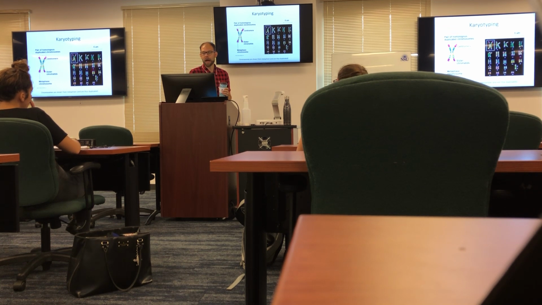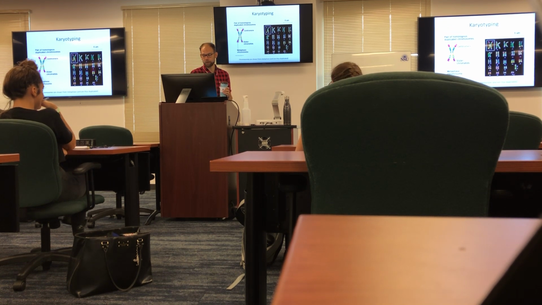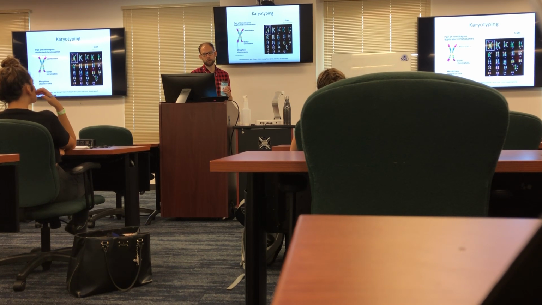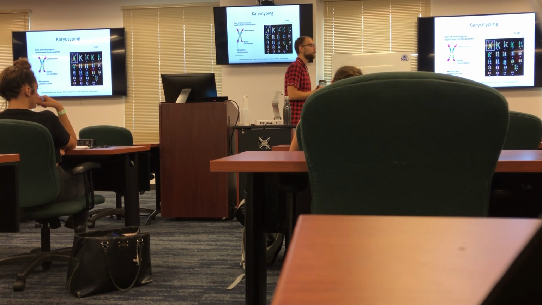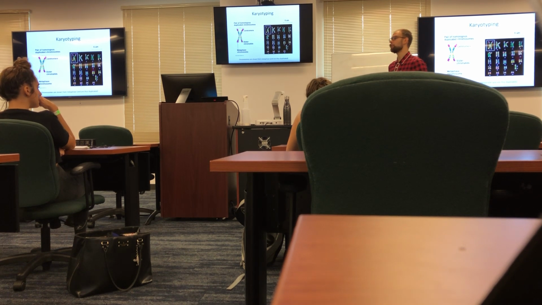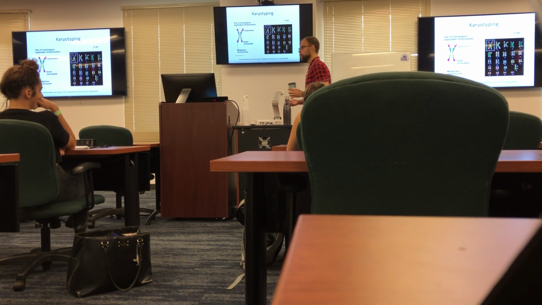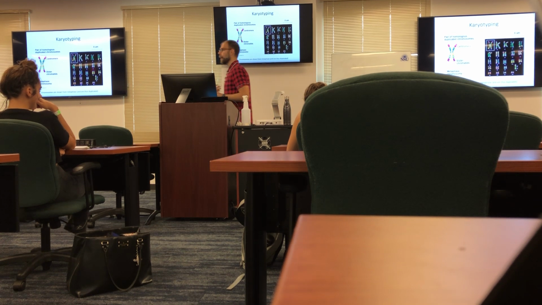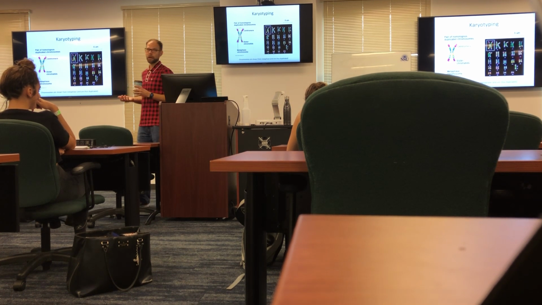In any event, we have 23 pairs. Here are our autosomes labeled 1 through 22. Here's the last pair of chromosomes right here. This is our X and Y chromosome. This individual, because they have a copy of X and a copy of Y, would be a male at the genetic level. If this individual had two X's, they would be a female at the genetic level.